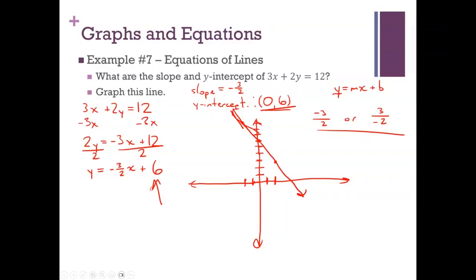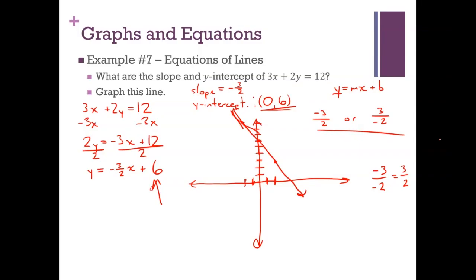No matter which one of those things you do, you'll wind up with the correct slope, as long as you don't do both. If you go down 3 and left 2, then basically what you're doing is negative 3 over negative 2, which is actually positive because the negatives cancel out.